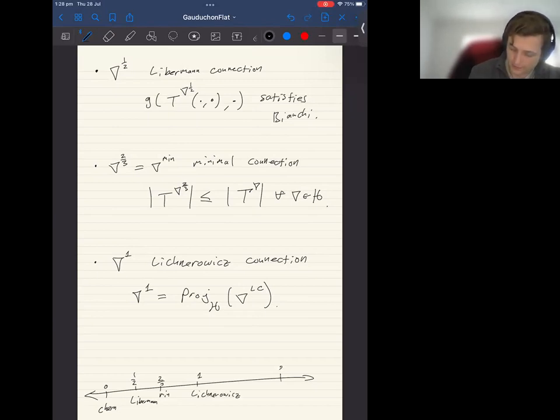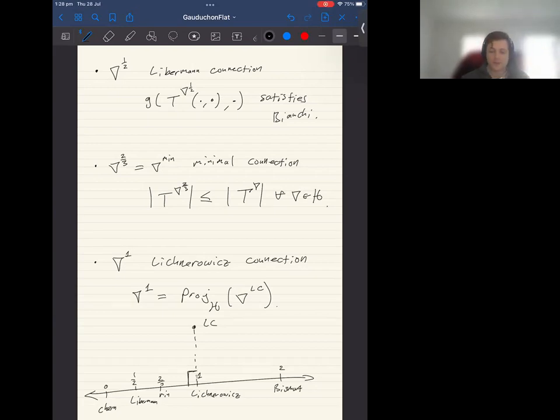And 2 is Bismut. Okay, and Levi-Civita for a non-Kähler manifold sits up here. Obviously, in the Kähler case, this is all just a point, but it sits up here, and it's the orthogonal projection onto this space.